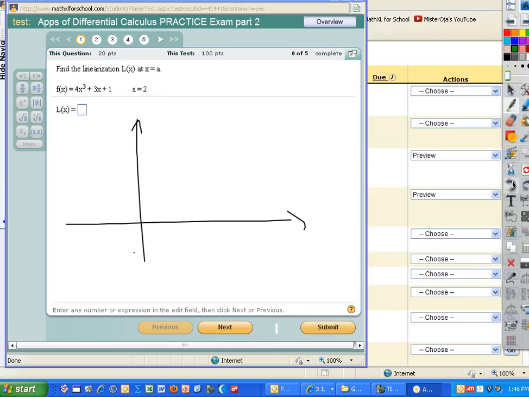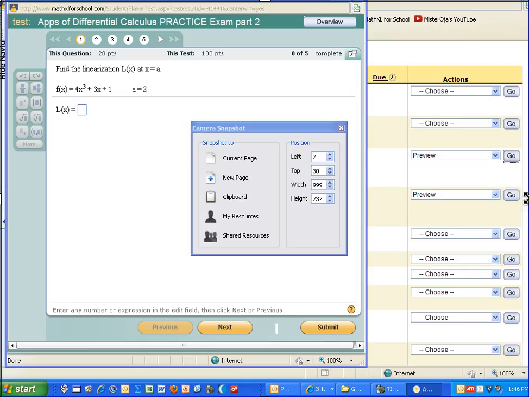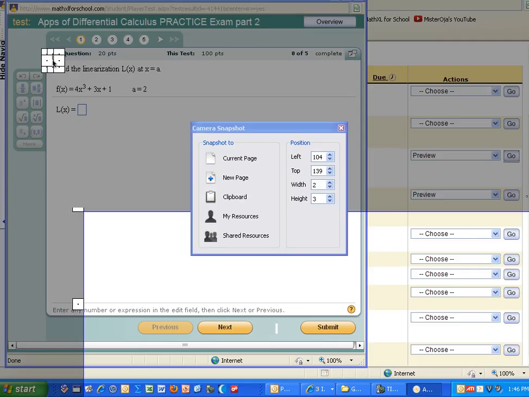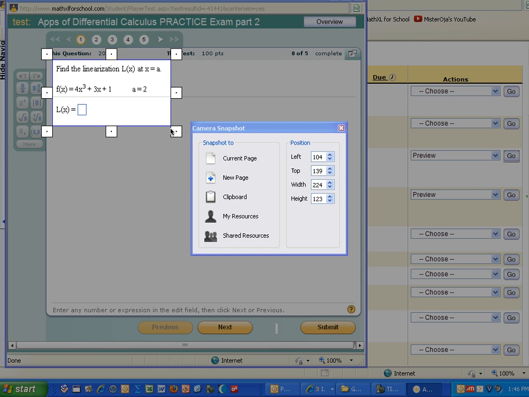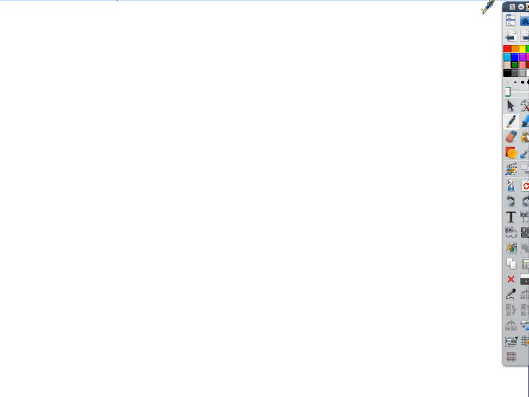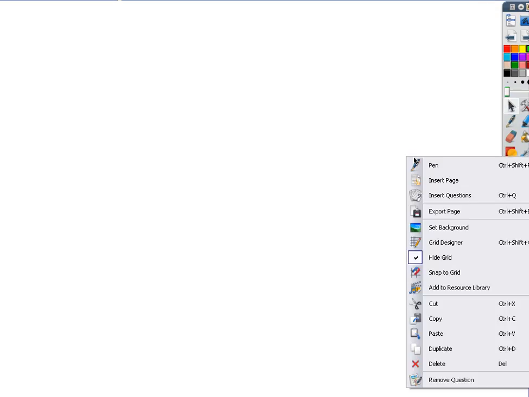So there's f of x, there's a, right? So then we know that the y value of our point of tangency is just going to be f of a. What is linearization? That just means when we're making a linear model, we're using a linear model to approximate the curve, the tangent line.